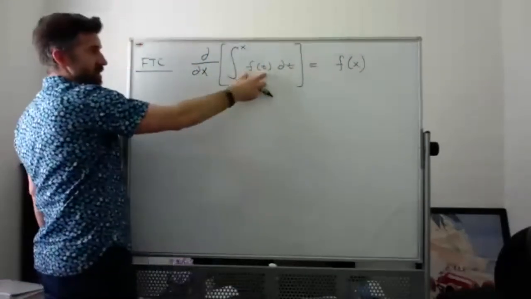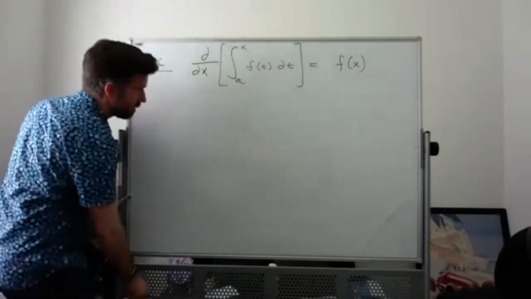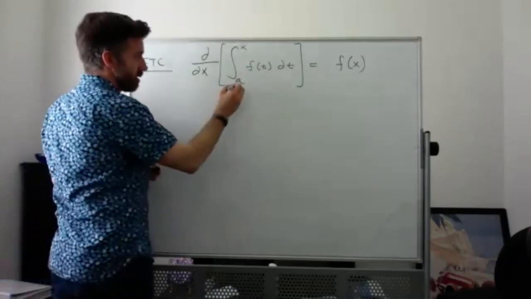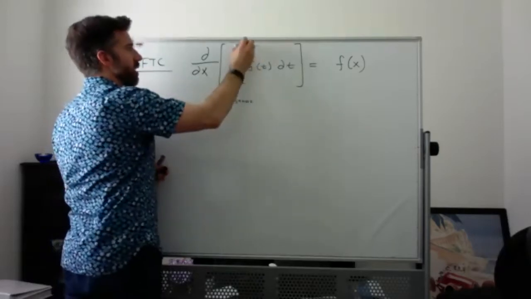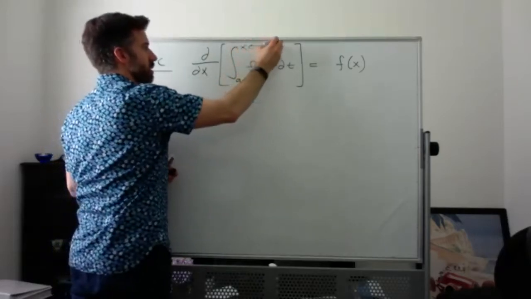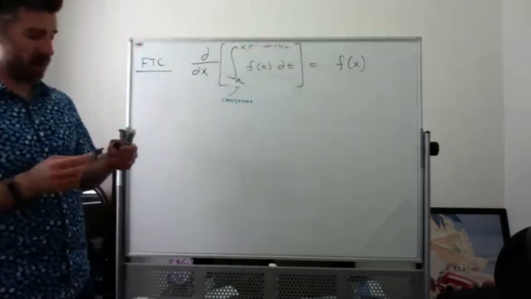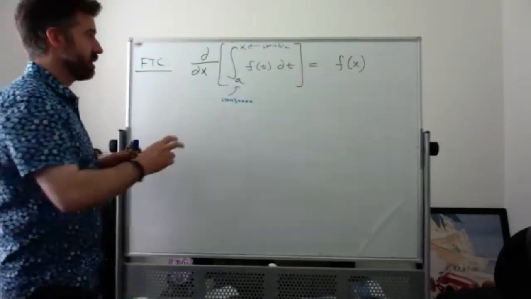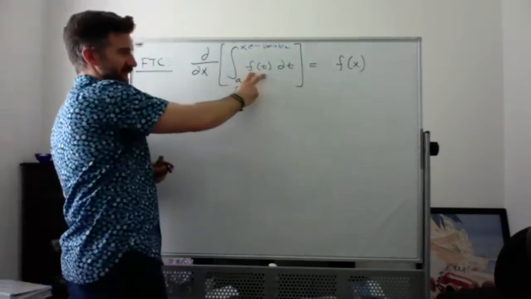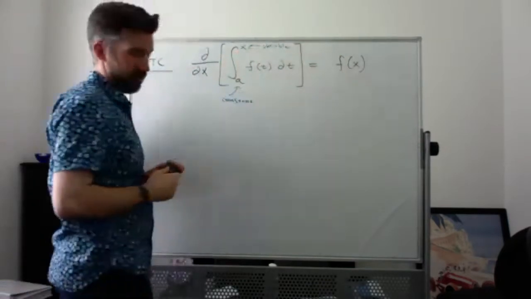So here's what I'm doing. I'm anti-differentiating this function. I'm evaluating it between the constant a and the variable x. And then whatever that is, I'm differentiating that and getting back the function I started with. The only difference is in here it's a function of t, because I can't use x since x is already being used up there, whereas out here it's f of x.